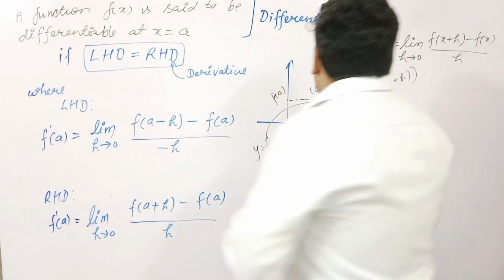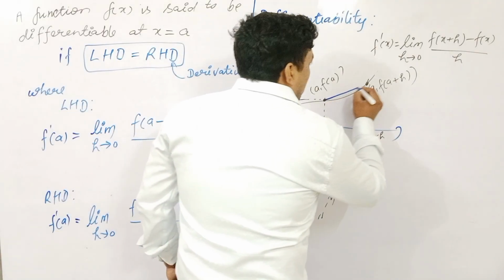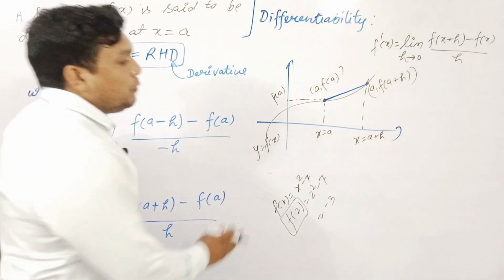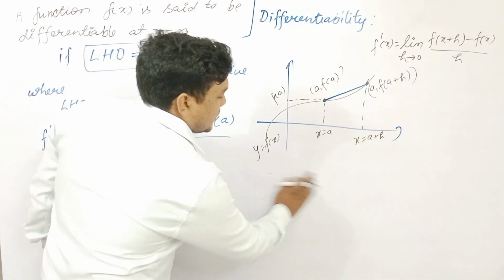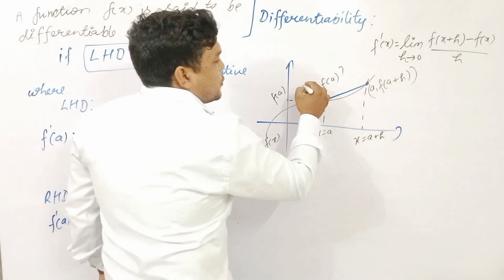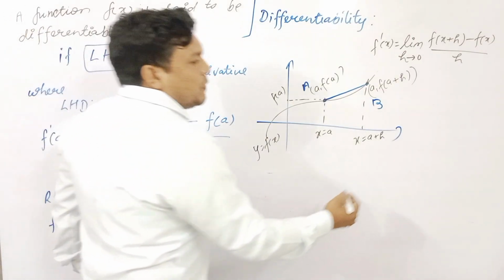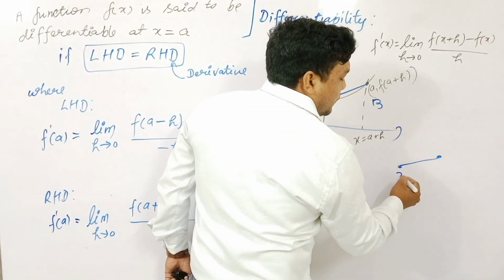Now, if you find the slope of this line, it is also called a secant. What will be the slope of this secant? Say this point is A and this point is B. What is the slope of the line joining x1, y1 and x2, y2?